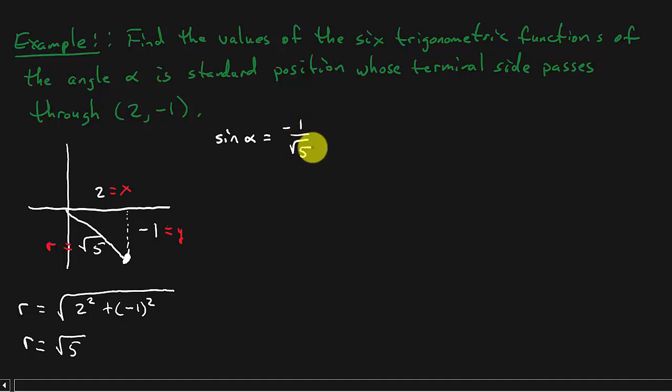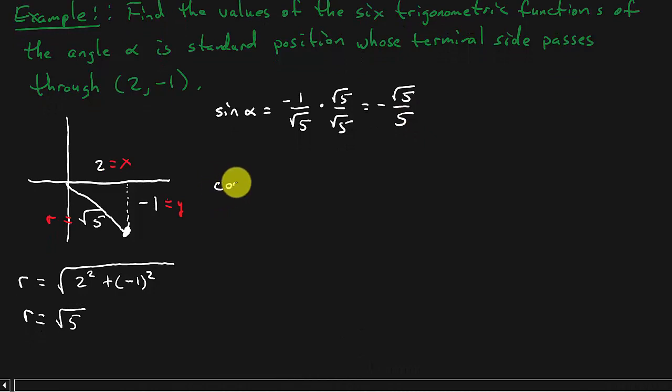Now, you don't want to leave your answer like this. Remember, you can't have a radical in the denominator. So we need to rationalize the denominator. I need to multiply numerator and denominator by square root of 5 over square root of 5. So that's negative square root of 5 over 5. So there's sine alpha.